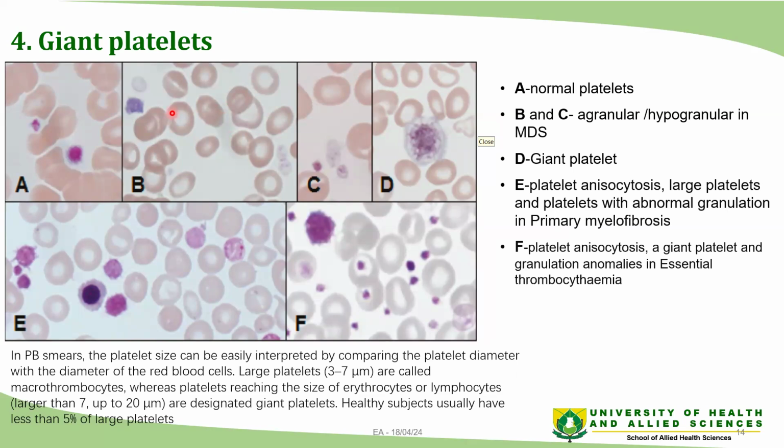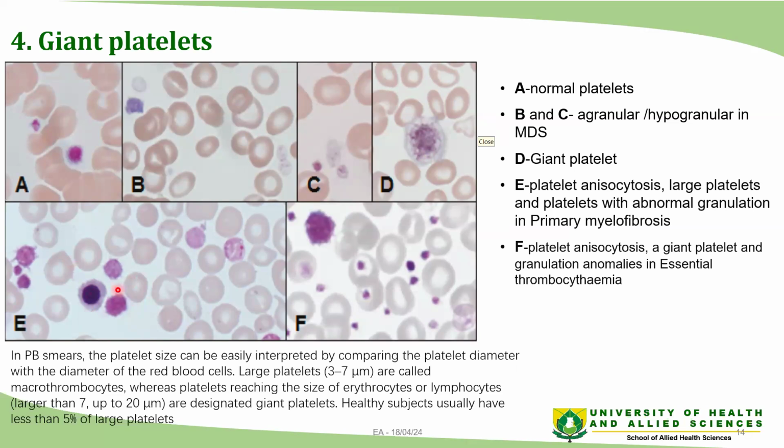And then in D, we see a giant platelet. You can see that this platelet is even bigger than the size of the red cells here. Then in E, we have platelets of varying sizes. So we have some large platelets, and then we have some normal size platelets as well.